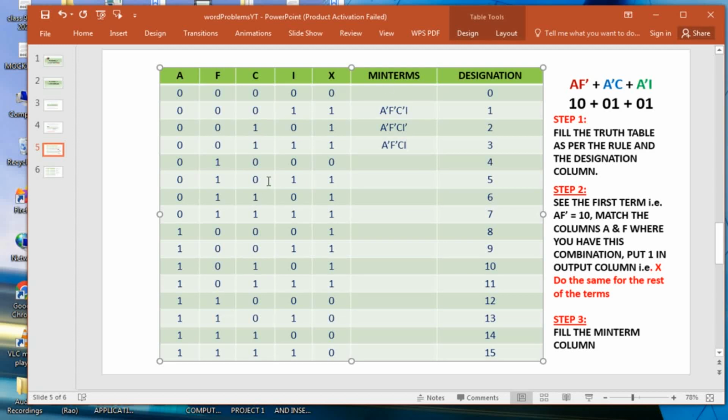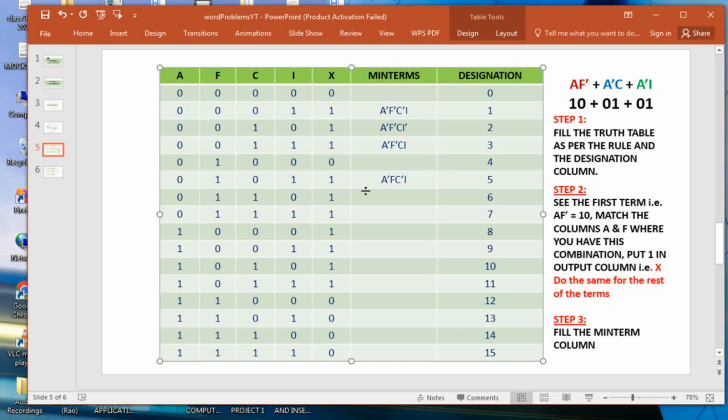I hope I'm going correctly, right? So here you don't have 1, you have here now. So A is complemented, F is 1, that is F normal, then C is again normal, C is not normal, C is complemented, right? And then I is normal.